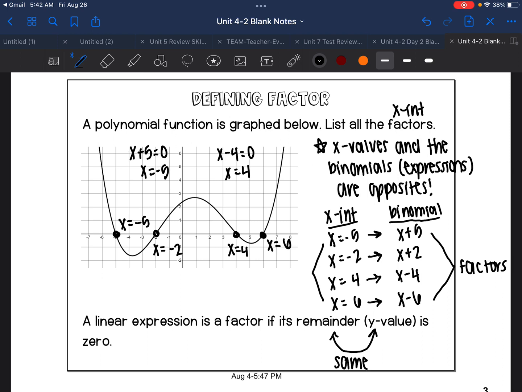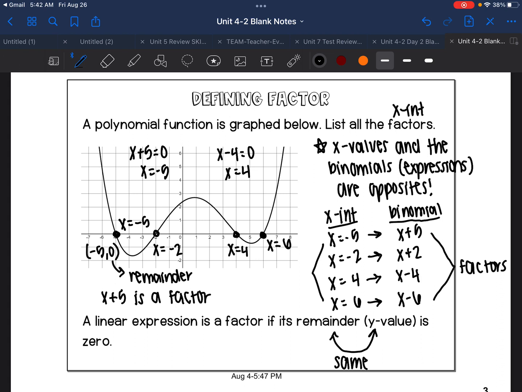And you can notice here that for this first one, that ordered pair is -5, 0. Since we have a y value or a remainder of 0, that means that x plus 5 is a factor, okay? And you can see that over there with the binomials, we said that those are factors, okay?